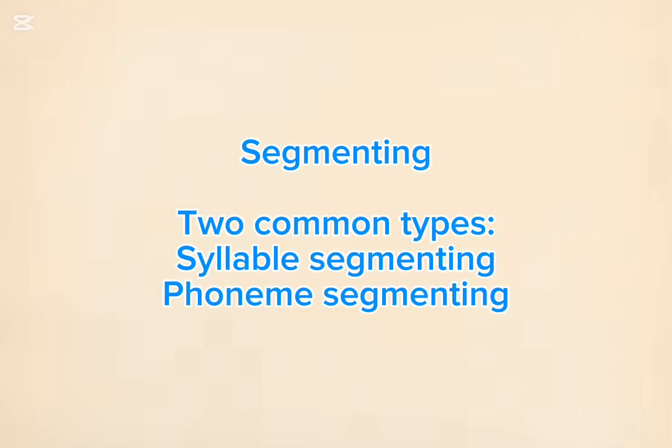Segmenting, skill of breaking a word apart into smaller sounds. Two common types. Syllable segmenting, breaking into syllables. Example, butterfly into but-ter-fly. Phoneme segmenting, breaking into individual sounds. Cat into /k/ /a/ /t/.